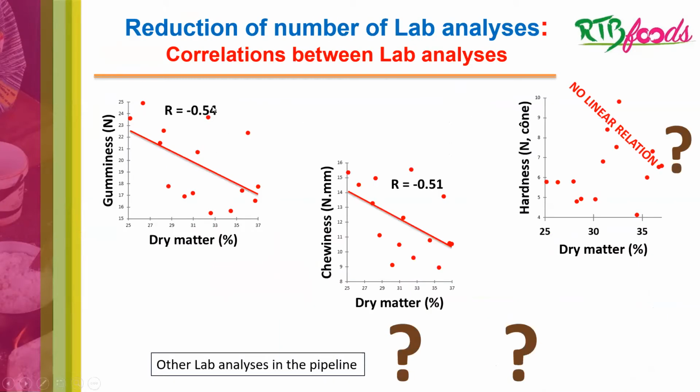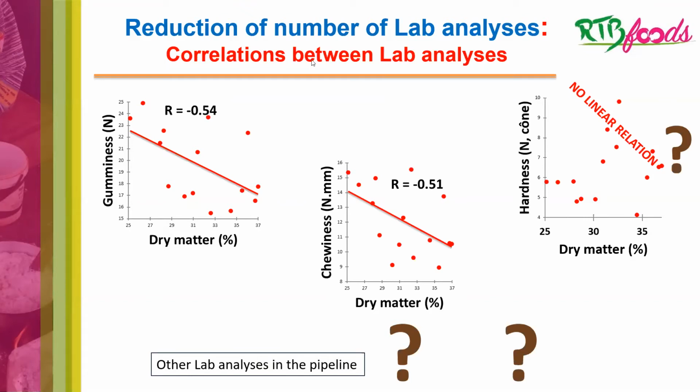This concerns the lab parameters and related only to test measurements. We saw that dry matter and gumminess, and dry matter and chewiness were correlated. So from those measurements, we can choose one of them to represent the group.